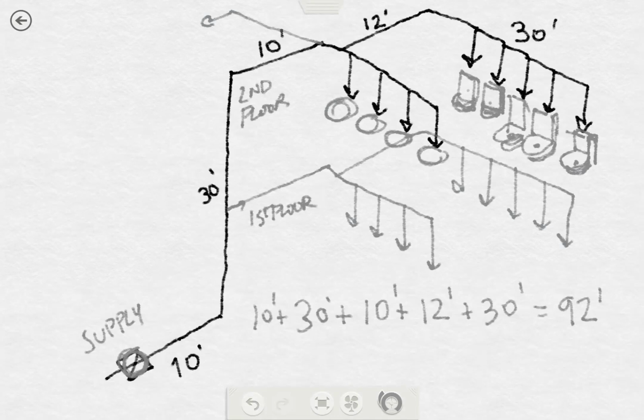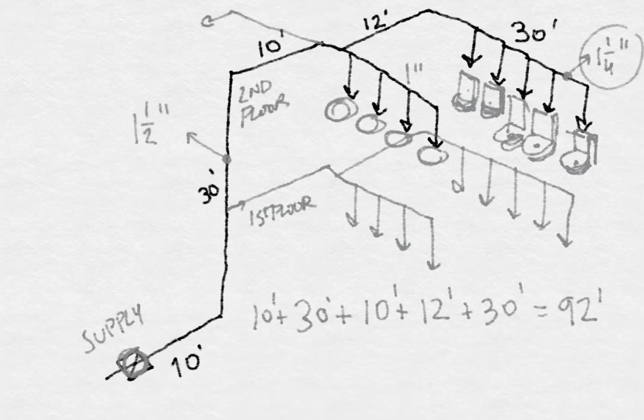So we have already calculated the water supply fixture units. We had calculated this pipe. This pipe was 1 1/4 inches. This pipe was 1 inch, and we have calculated that this one is 1 1/2.